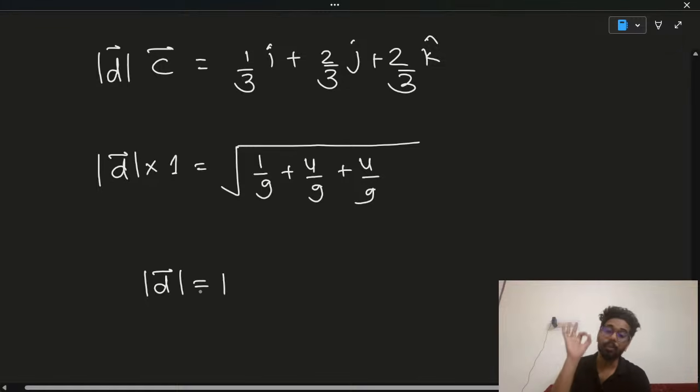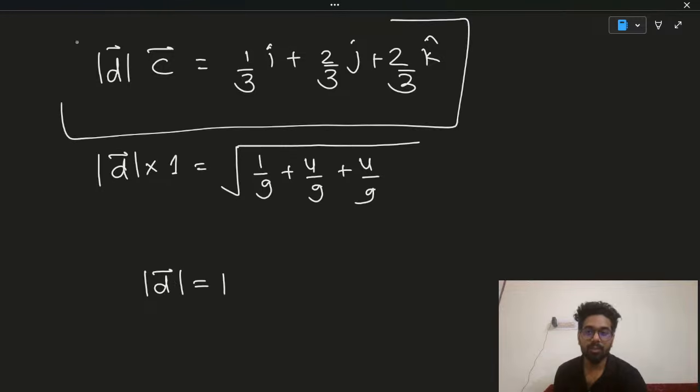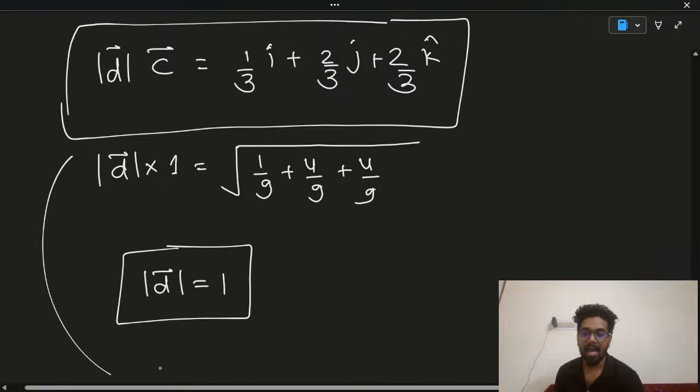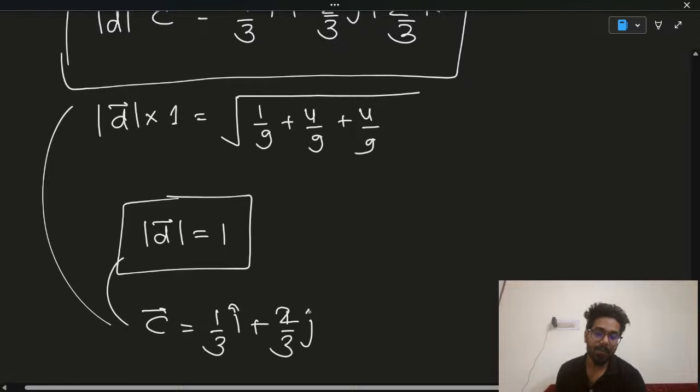This is also a unit vector. So going back to this case, if I use this, I will have the answer: C vector is equal to 1 by 3 i cap plus 2 by 3 j cap plus 2 by 3 k cap.